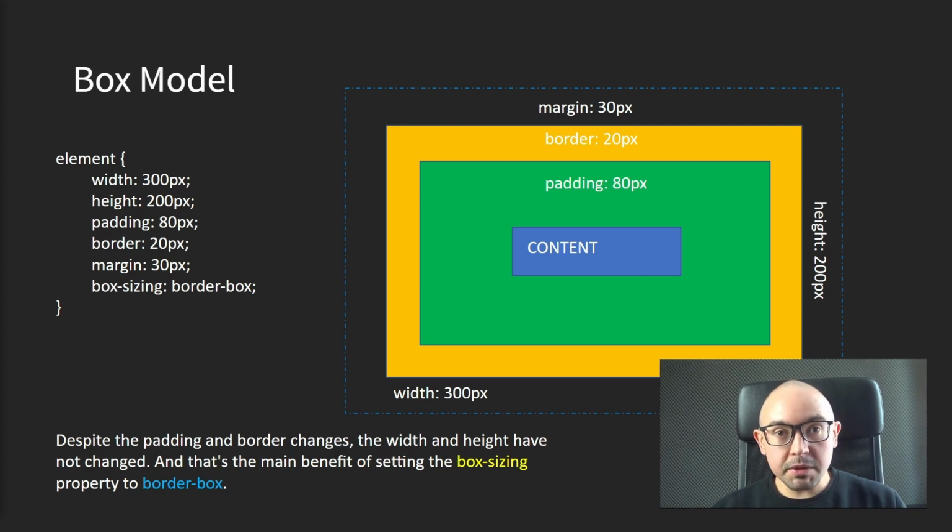This is extremely convenient because it allows you to easily define the true size of our elements and plan their placement on the website. If you change the padding or the border of the elements later, these elements will still retain their original size, and the changes will take place only inside these elements. Now let's check it out in practice.